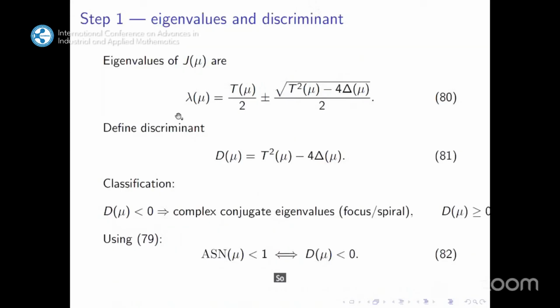So you can have the first step, of course, you get the eigenvalues and the discriminants. And then also the classification that if the discriminant is less than zero, you have complex conjugate eigenvalues. So you'll have a focus or spiral.